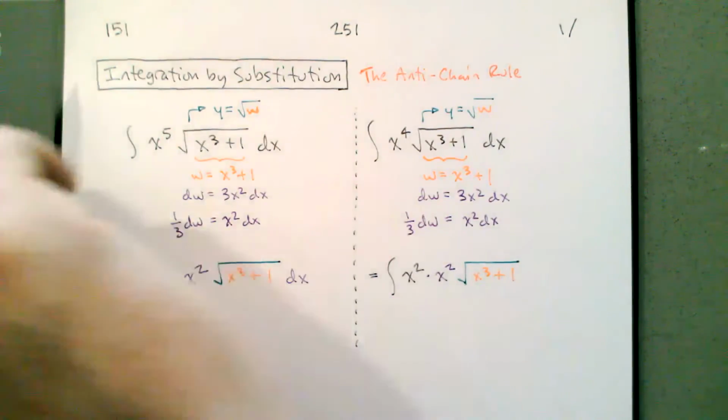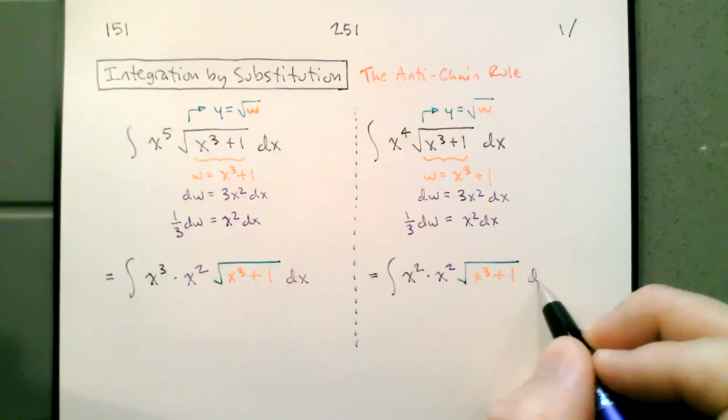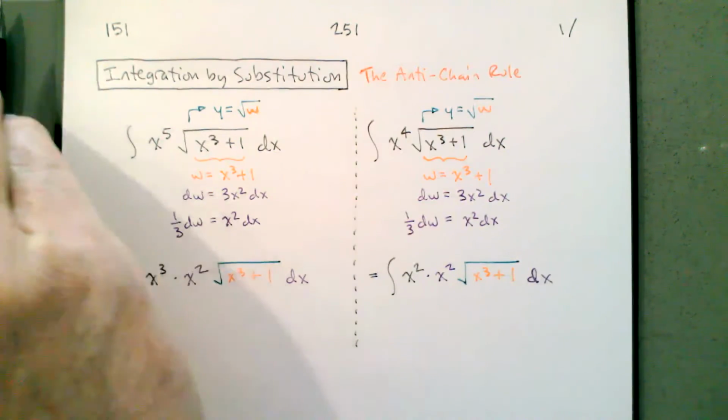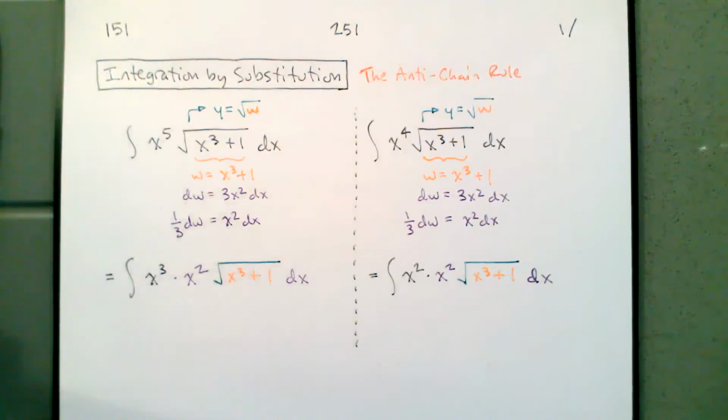And then the dx is going to pair with the x squared to be the dw. In both cases, I have some x's left over. On the left, I have an x cubed left over. On the right, we have an x squared left over.